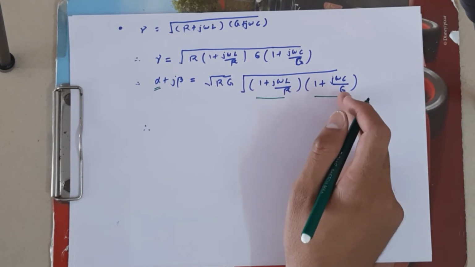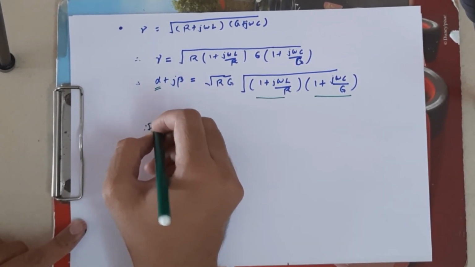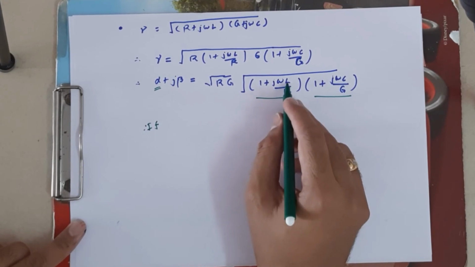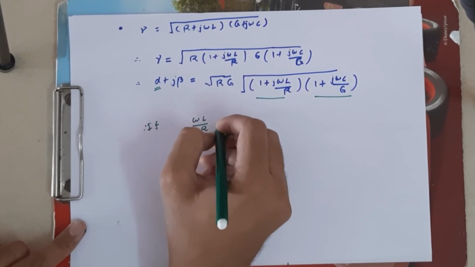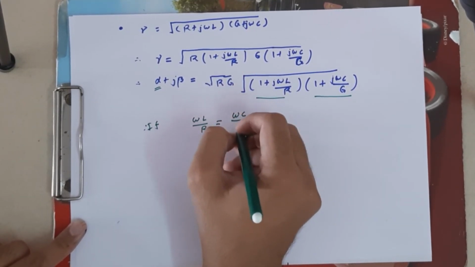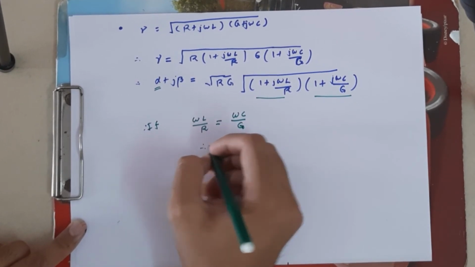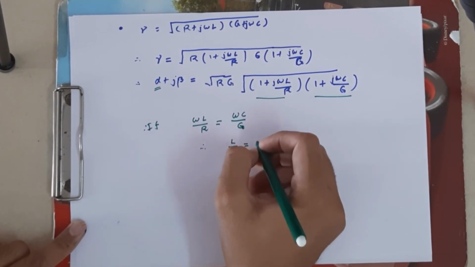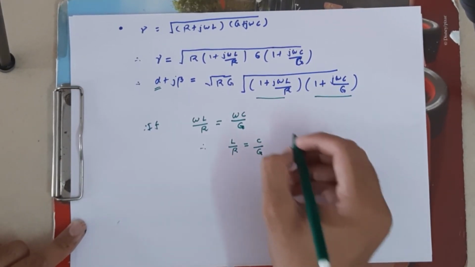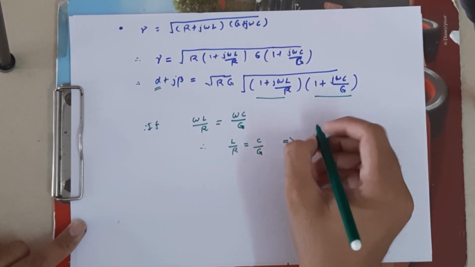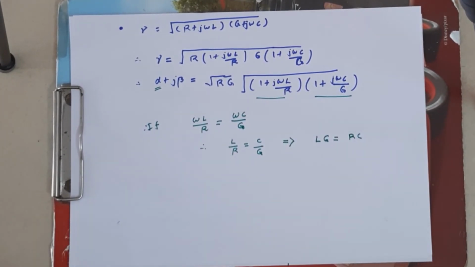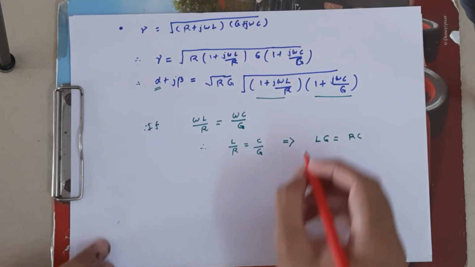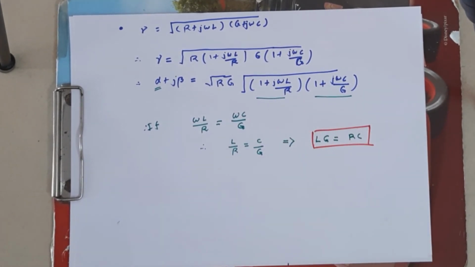So when these two terms are the same, that is, if omega L by R is equal to omega C by G, that means L by R is equal to C by G, or in simple words, LG is equal to RC. Remember this. If LG is equal to RC, then you can say that your line is a distortionless line.